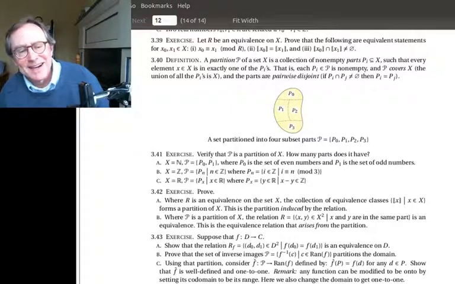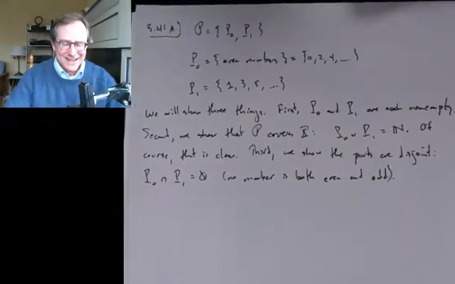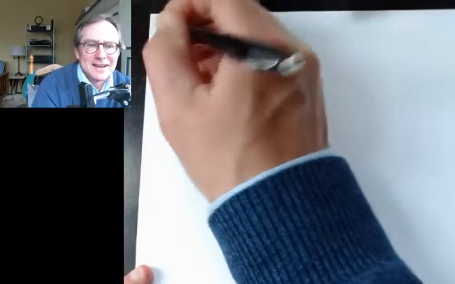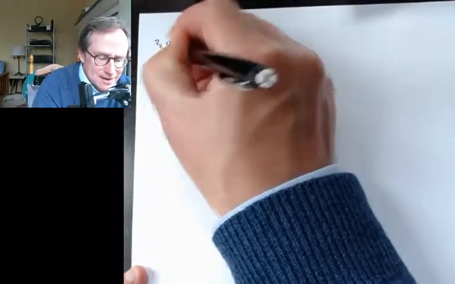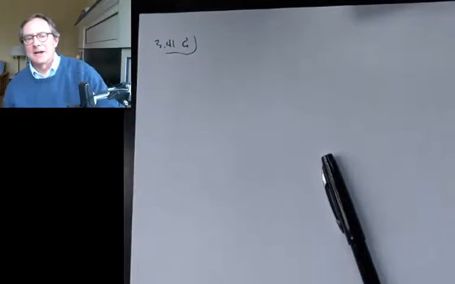Come on, go away. There we go. Okay, so 3.41c. Getting toward the end of the semester. 3.41c. And now I got to go back to the window and write down, so make sure I get the letters right.